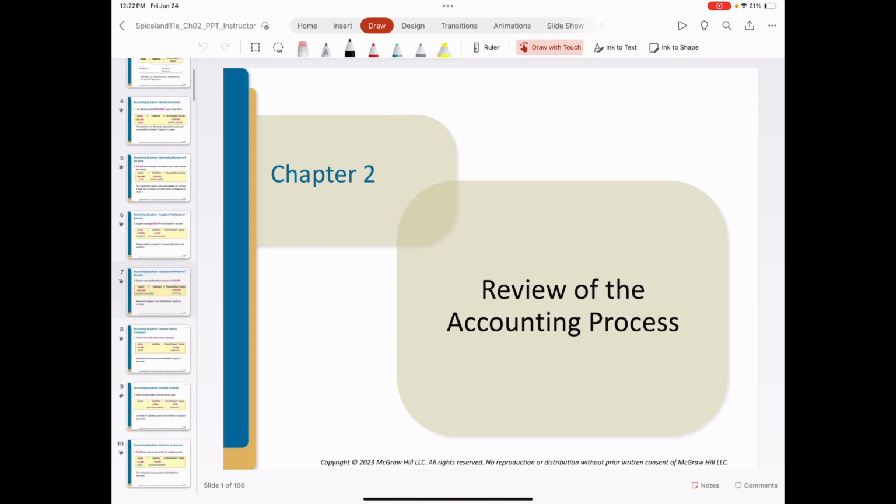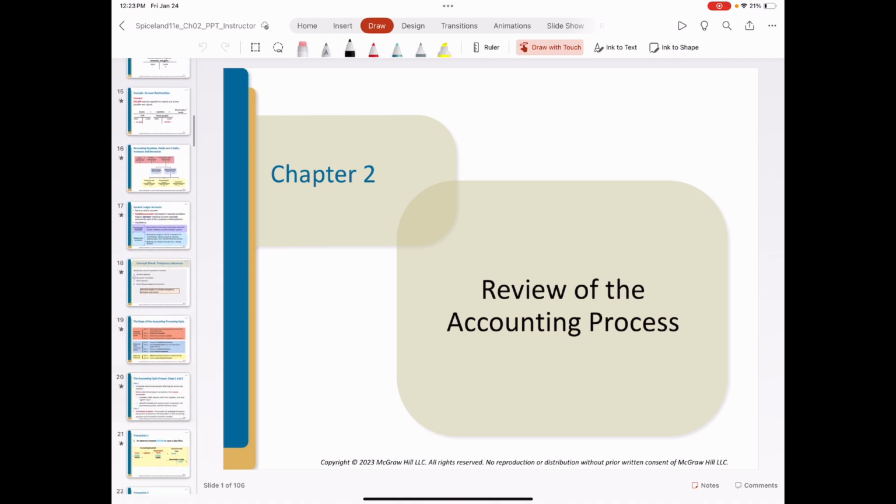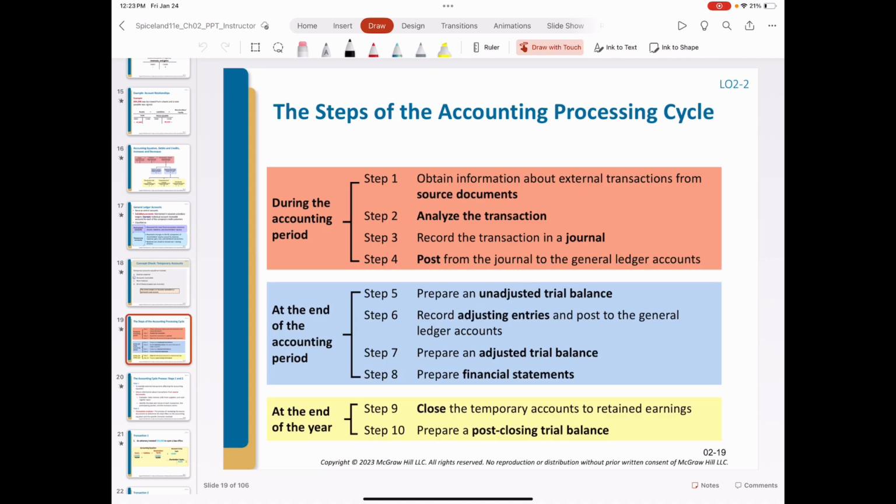First, let me show you all the procedures I will introduce in this chapter. There are a total of 10 steps in 3 different stages. The first stage is during the accounting period. This stage starts from the first day of the accounting period to the last day.